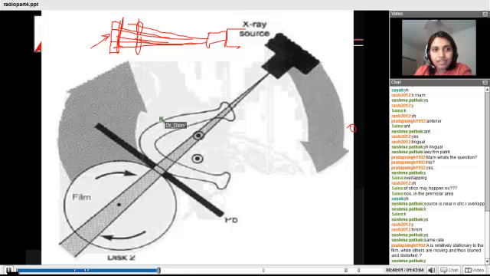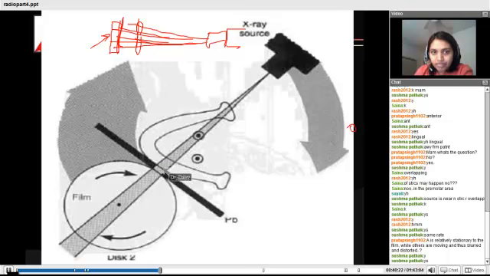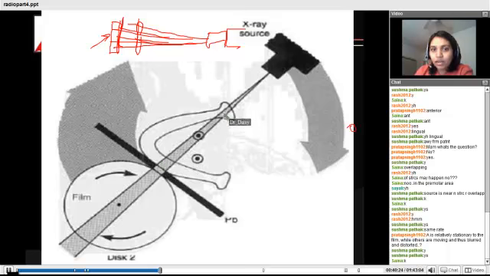See, we are not concerned about this portion. Are you understanding this point? We are not concerned about this portion because our collimator is making sure that whatever X-ray is falling here is not going to the image receptor. Only the X-ray passing through this slit is going to the image receptor. That our collimator ensures. But the problem is, this and this point are both passed by the X-ray.